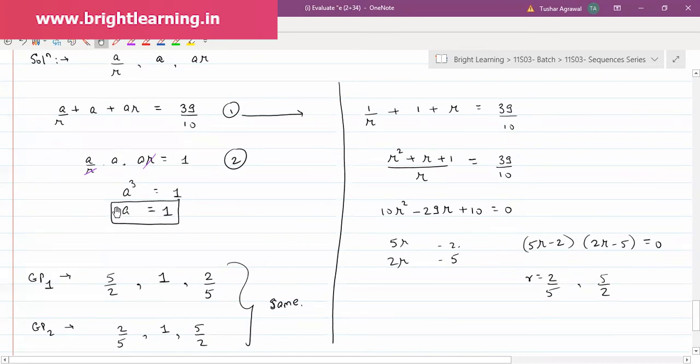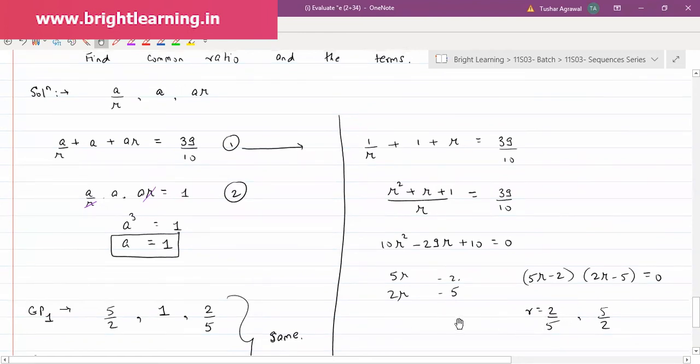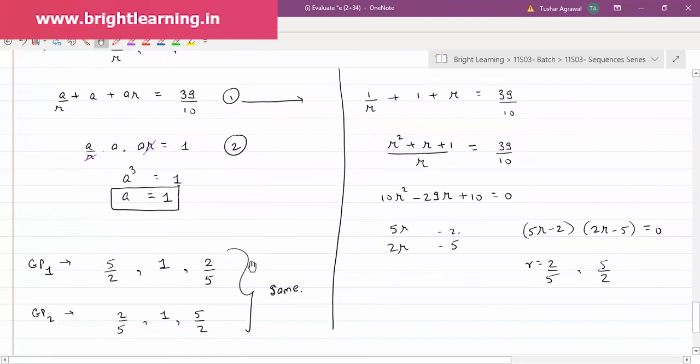So middle term, what were the terms? A upon R, A and AR. The middle term A I wrote as it is. If middle term is equal to A, what is the next term? A multiplied by R. A is 1 into R, 2 upon 5. It's actually two different GPs that are there. If R is equal to 2 upon 5, what is the geometric progression?